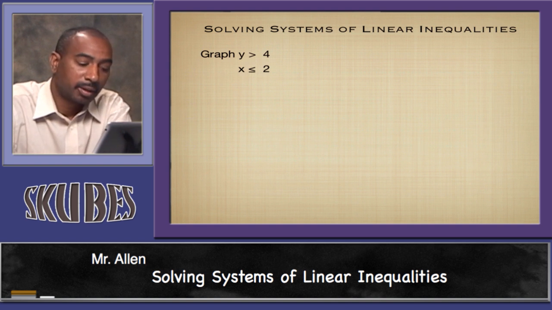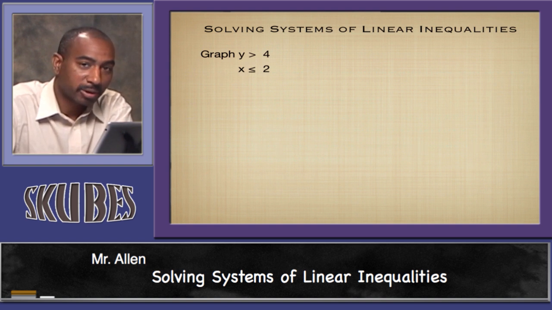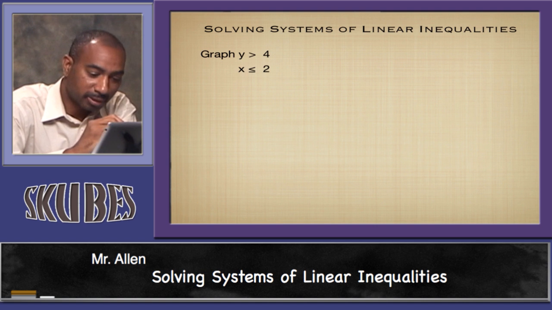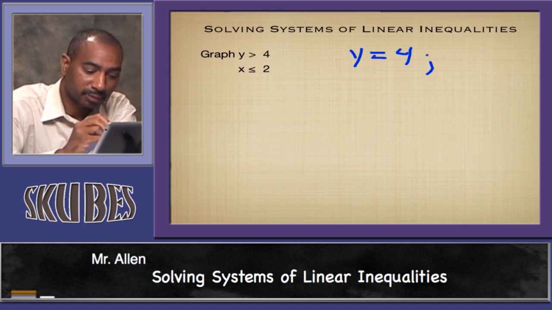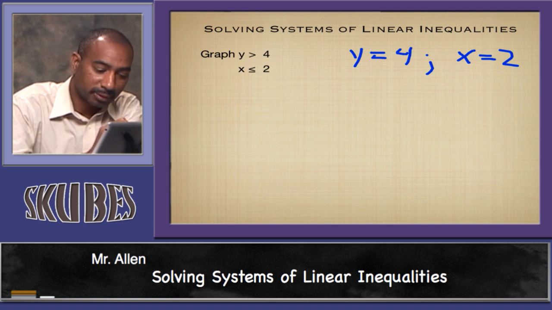For example, graph y is greater than 4 and x is less than or equal to 2. So in order to do that, you must graph y equals 4. That's my boundary line. And you must graph x equals 2. But now be careful.